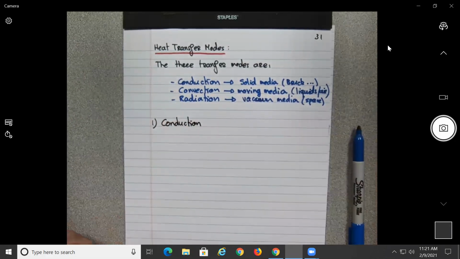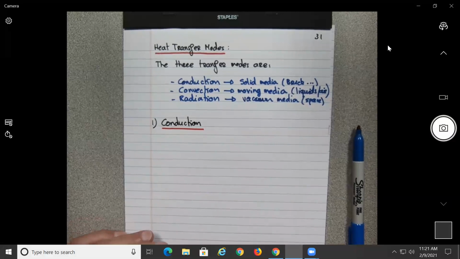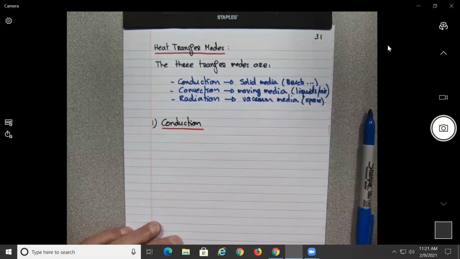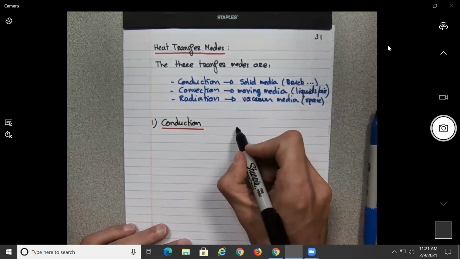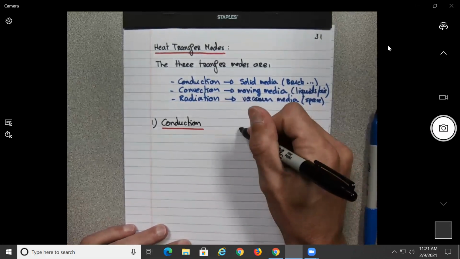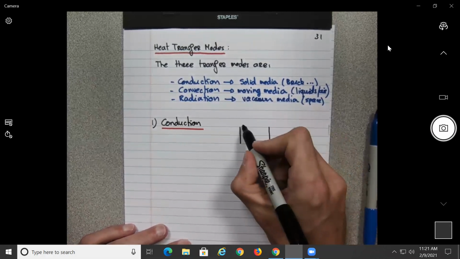Conduction. And we already know that conduction should be related to a solid media. Right? So the typical example here, let's say you have some type of wall or brick. So let's say think about the wall of a house.